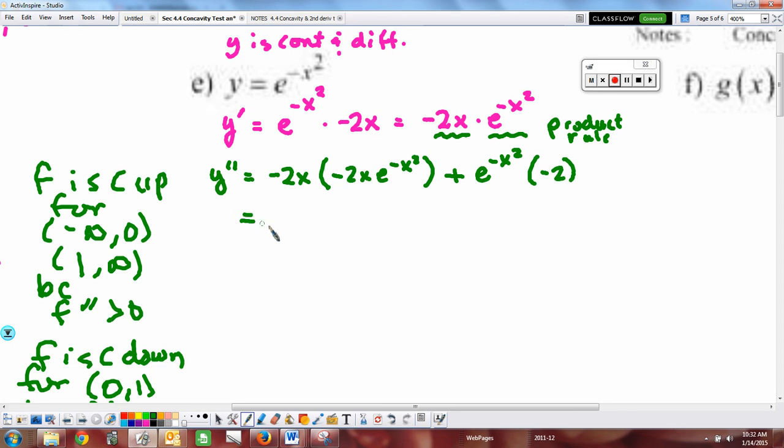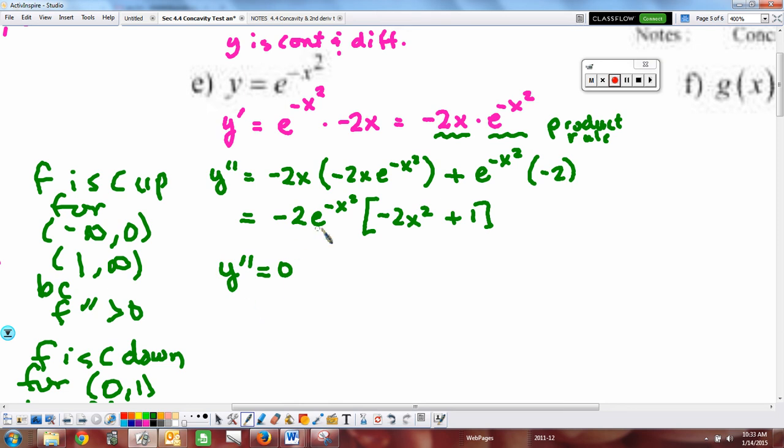We will factor this to get it into a nicer form. I'm going to pull out a negative 2e to the negative x squared. Here I'm going to be left with negative 2x squared, and then over here I took both of them away, so plus 1.